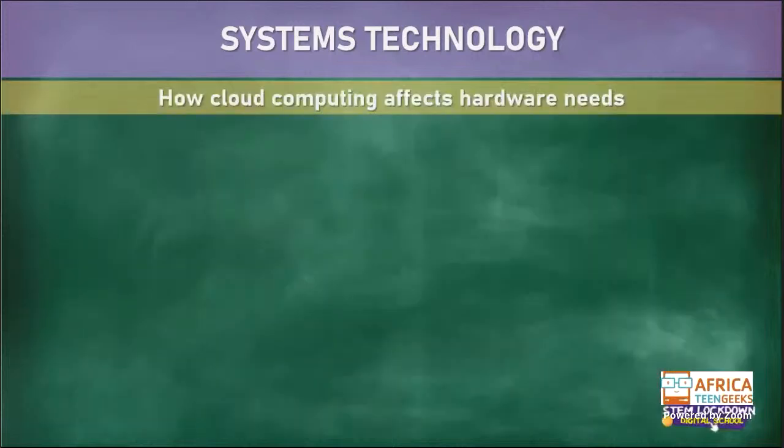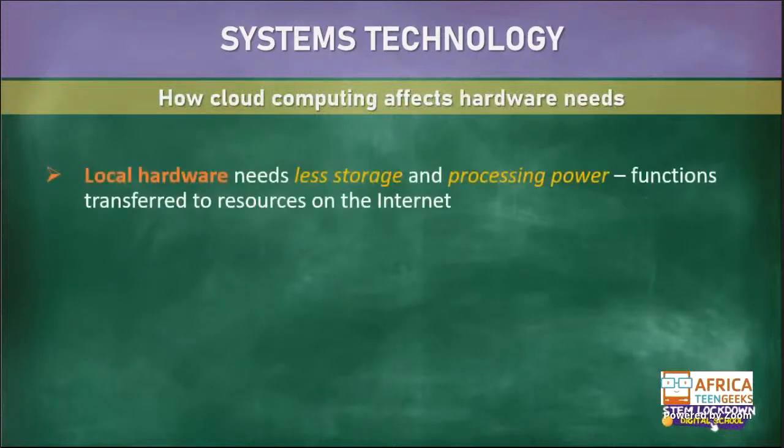How does cloud computing affect hardware needs? We are moving from a situation where companies and individuals depend on local hardware. Local hardware needs less storage and processing power, and these functions, storage and processing power, are being transferred to resources over the internet.